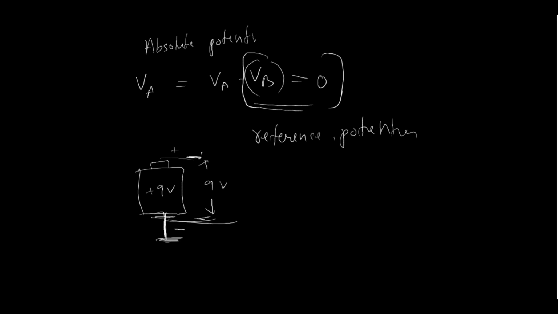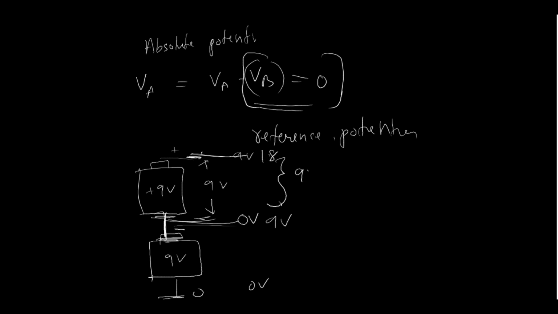Then the other will be 9 volt. But if you take another point, or assume one more 9 volt battery is connected here, and this point is taken as reference, here it is 0 volt, then this will be 9 volt, and this will be 18 volt.